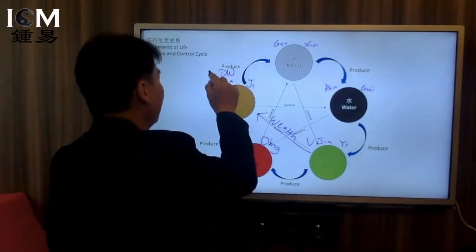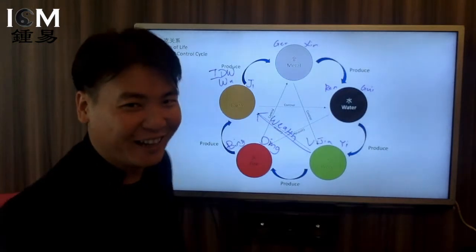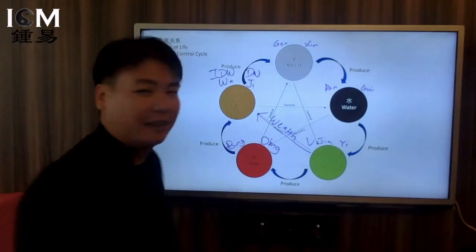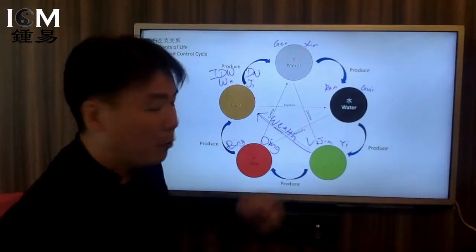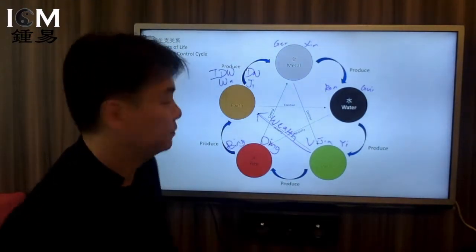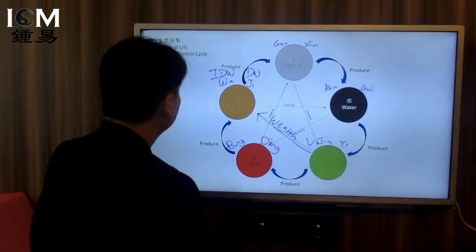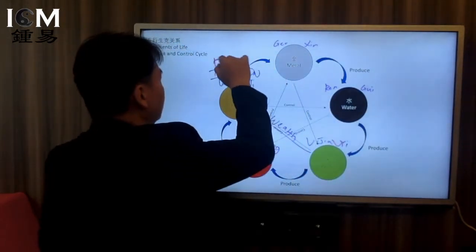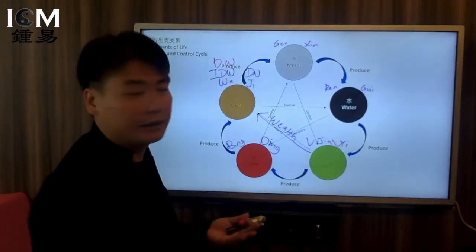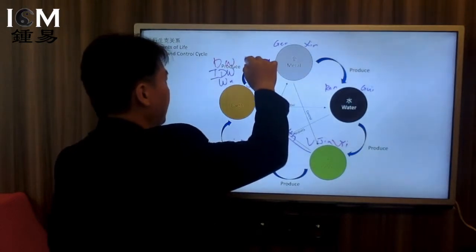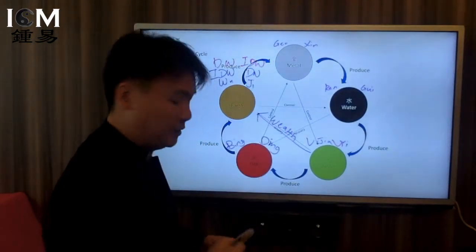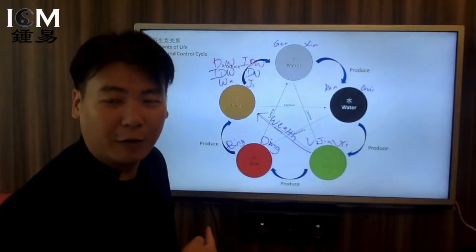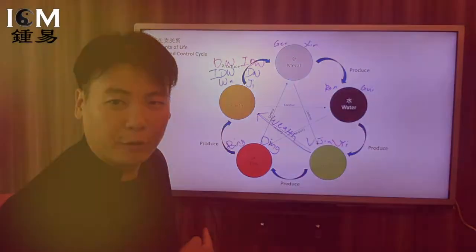No, it's the IDW. I tricked you, right? And Ji is your DW. How about if you are a Yi wood? If you are a Yi wood, swap. Wu becomes your DW and Ji becomes your IDW. So it's simple to find your wealth. So for those of you, this is your direct and indirect wealth.